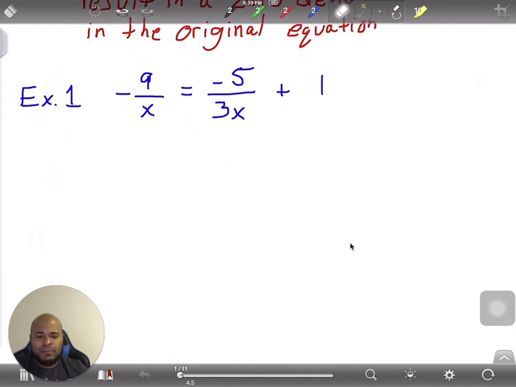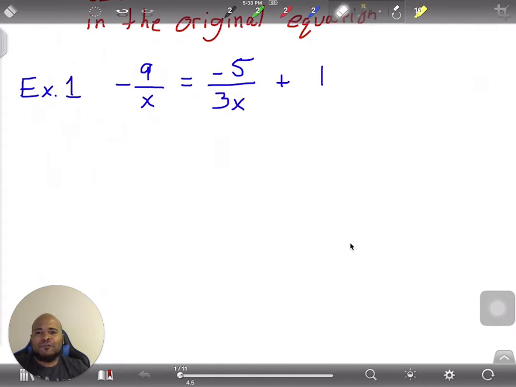The first problem, example 1. The first step is to find the least common denominator because I have fractions. The least common denominator most of the time is just going to be the denominators multiplied times each other, or variables that repeat. Here, for the numbers, the only number that I have in the denominator is 3.